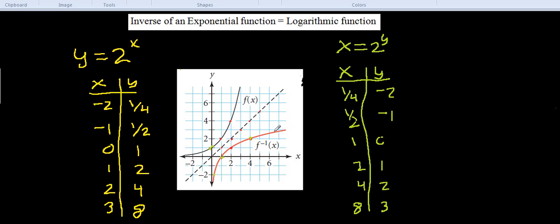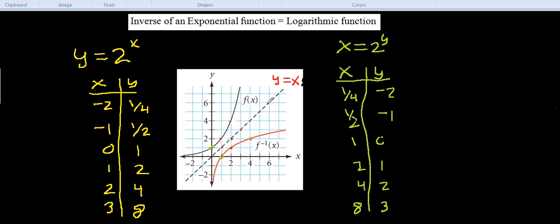Another way to tell that one graph is the inverse of the other graph is if we have this line here, and that line is y equals x. So when x is 1, y is 1. When x is 2, y is 2, and so on and so forth.